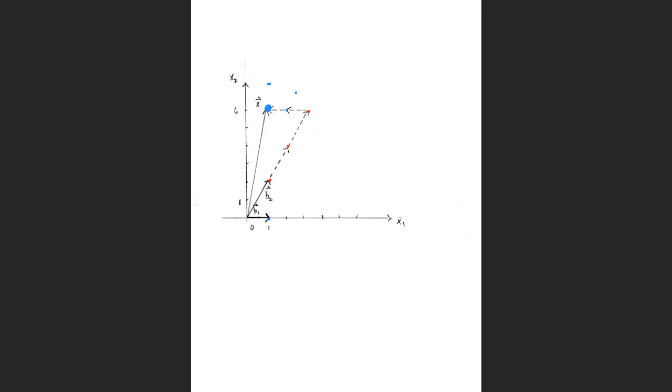Does that make sense? Is this graph helping? Are there any questions on that?